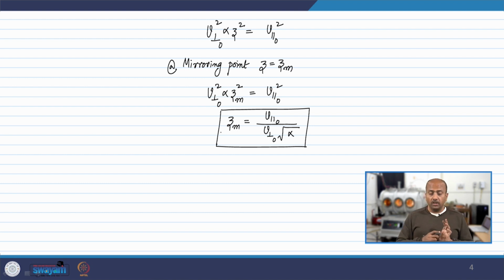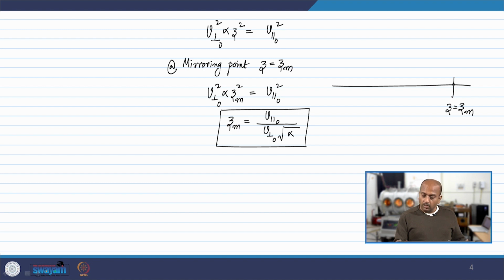So, this is a very important result. Zm is the point at which the magnetic field will make the particle bounce back into the weaker magnetic field, and it so happens that this point along the axis of the magnetic field, let us say this is Z is equal to Zm. This distance mainly depends on the velocity or the ratio of initial velocities, but nothing else other than that.